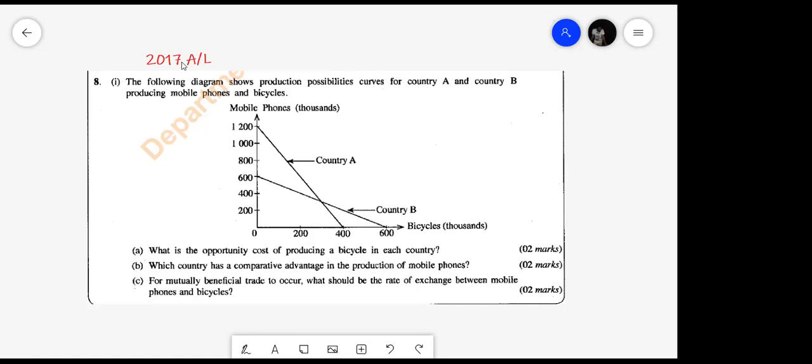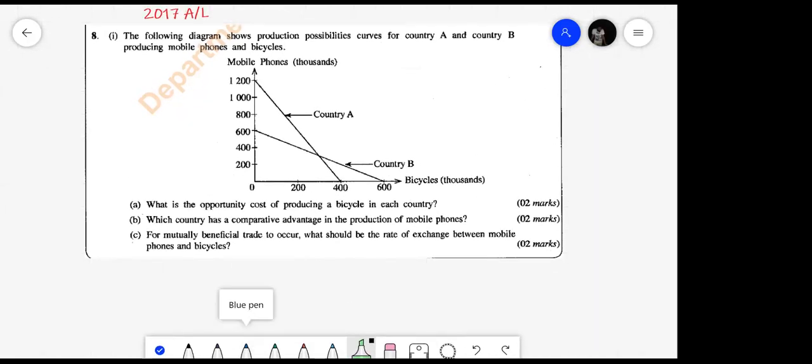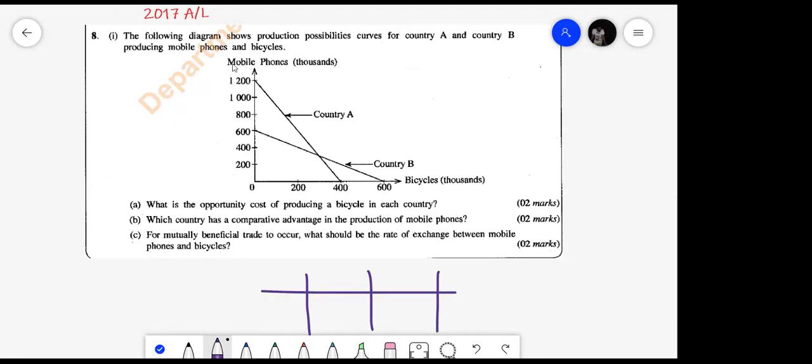Now you all know how to find opportunity cost when they give you numbers on a table. Easy calculation, right? Let's say this is mobile phones, this is bicycles, country A, country B. Doing that is very easy.